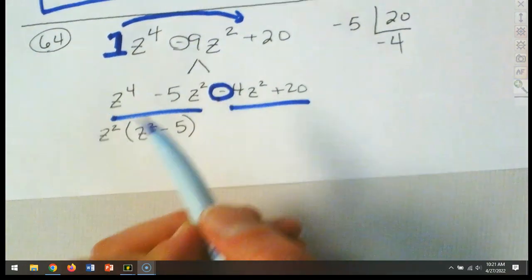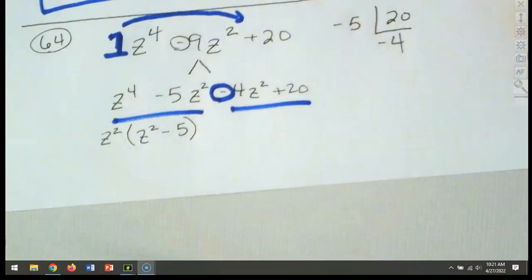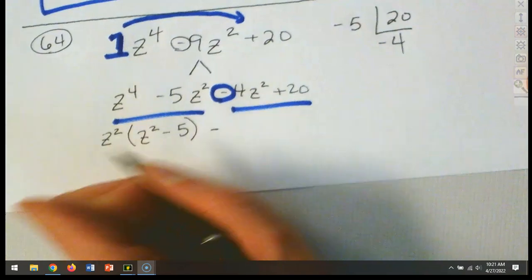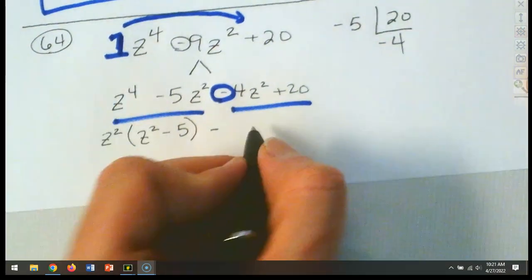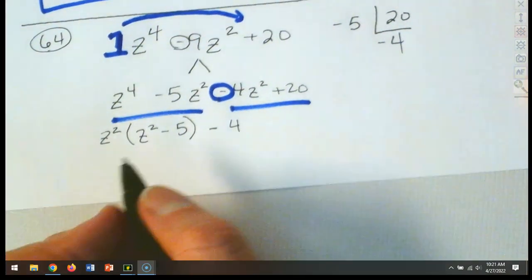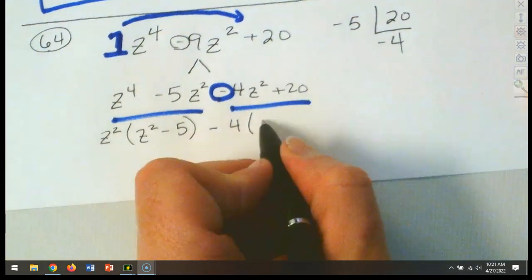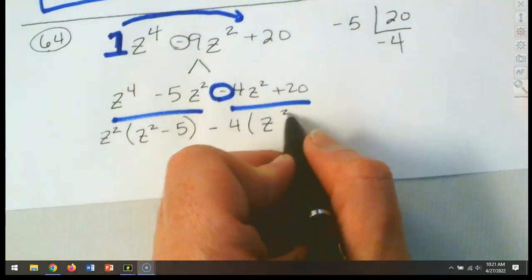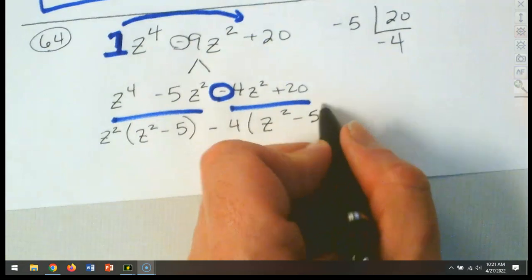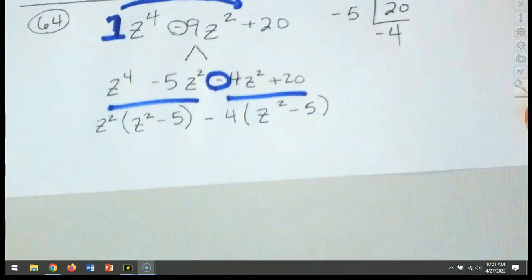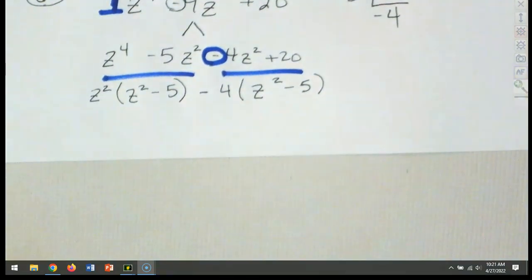The second pair begins with a negative, so you've got to factor out a negative, and also a 4. So negative 4 comes out. That leaves you with a z squared minus 5. Now this one's going to require us to do one extra step after we're done.